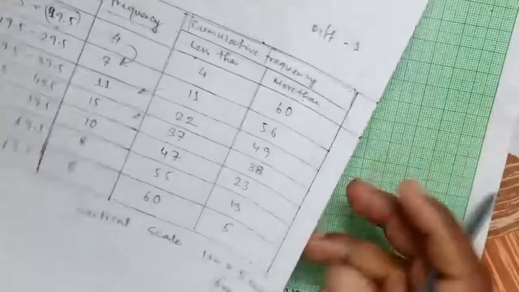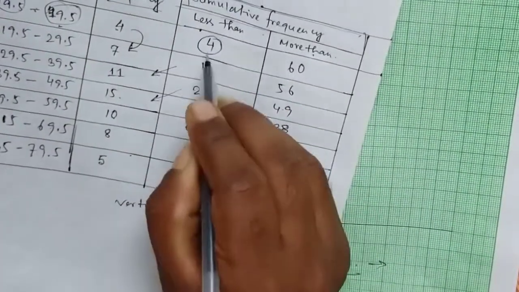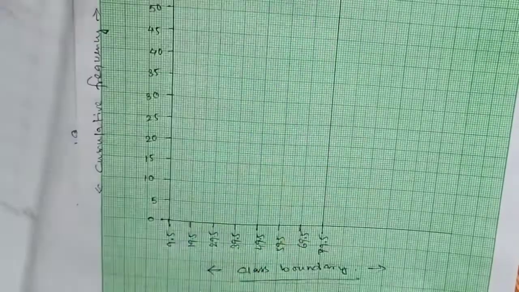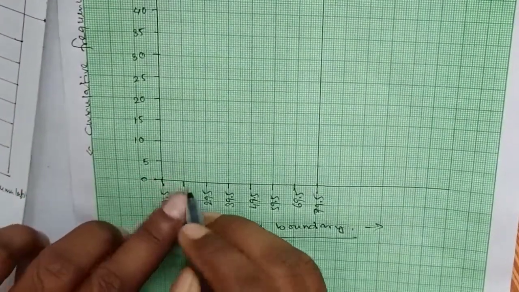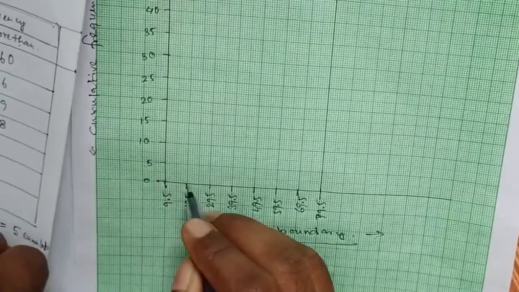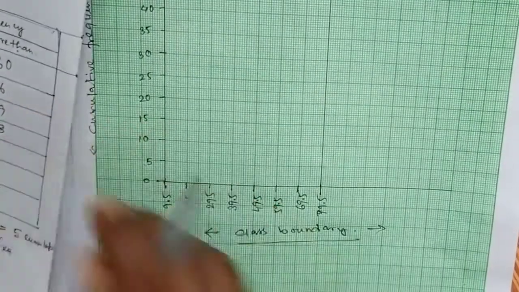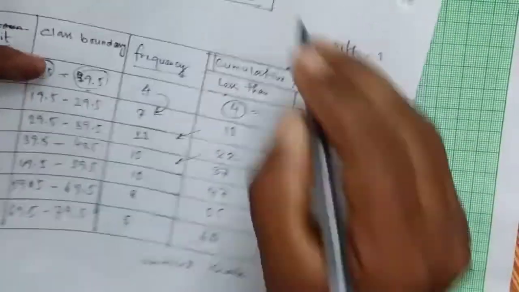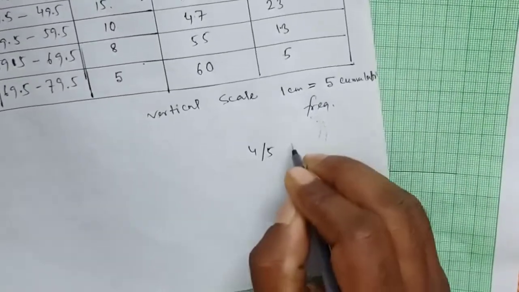And the next portion, the less than type cumulative frequency, put on the graph paper. First 4 should be put on the upper class boundary.